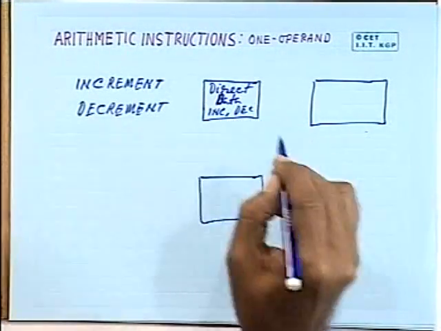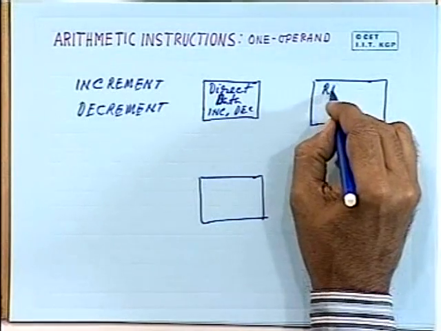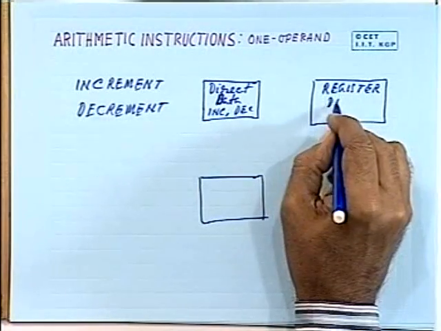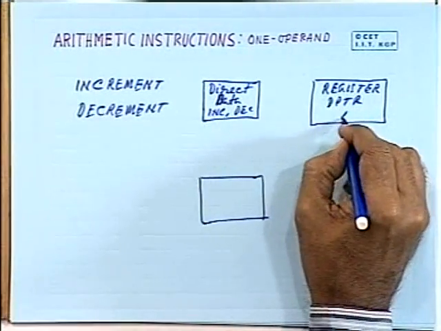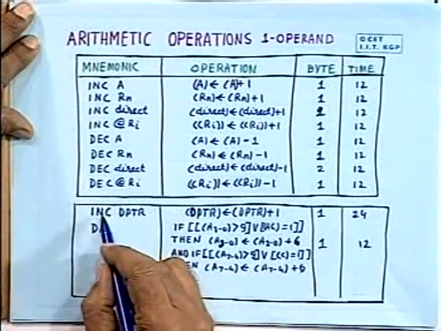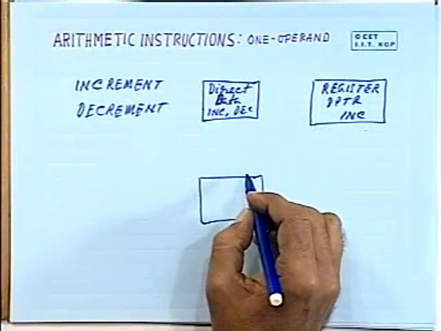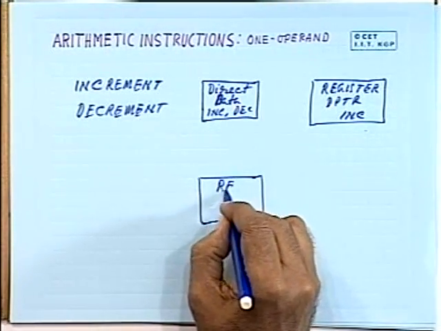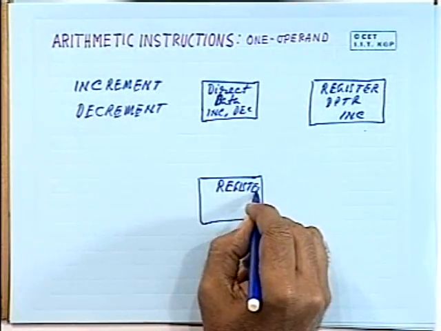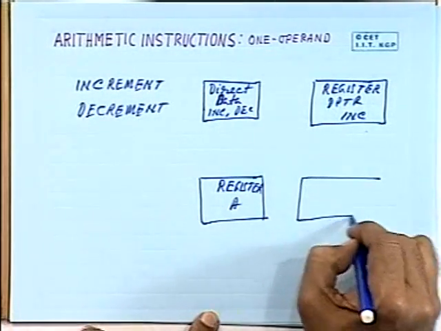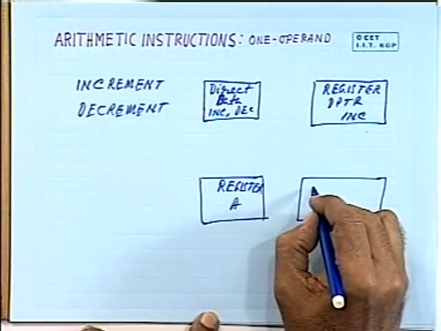Similarly, for the data pointer DPTR, only the increment operation can be performed, as you have seen in the instruction set. Similarly, you can perform the increment operation on register A, the accumulator, and also on some memory location using indirect data.